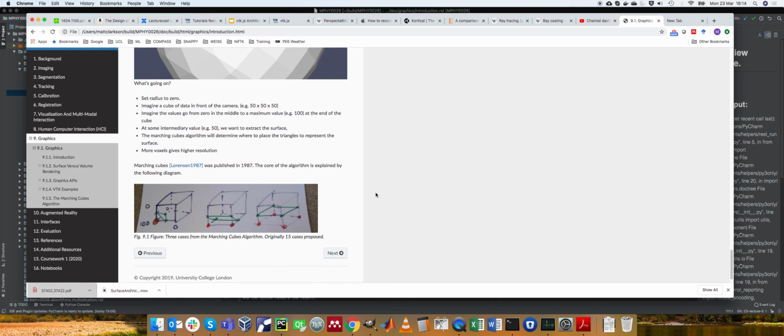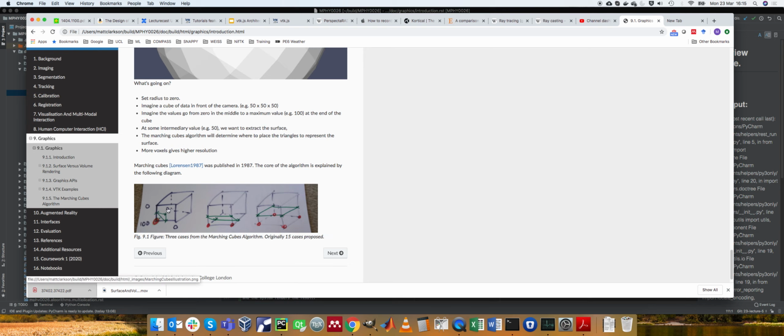To explain how the Marching Cubes algorithm works, I won't go through all of the cases because there's 15 specific cases you have to consider in the original paper, and I think it's up to about 33 in later papers. But for the sake of explaining how the algorithm works, imagine you are simply iterating through voxels at a time.